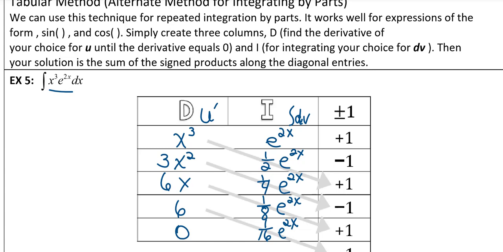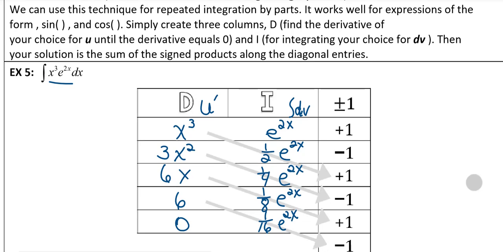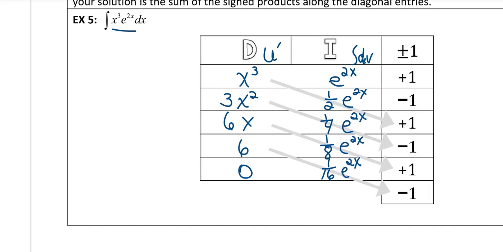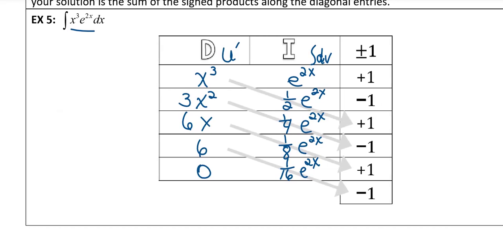Okay, so here's how this works. Now what you do once you have that is you're going to multiply along the diagonals, and that's why I have those arrows there. So we're going to multiply these terms together right here. This one we don't need because that's dv, and we don't use that.